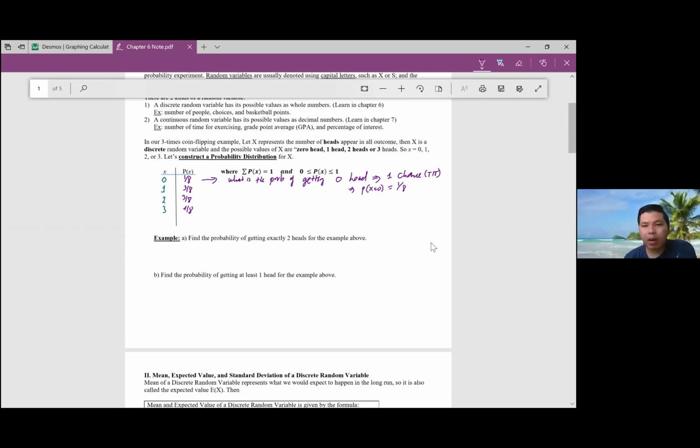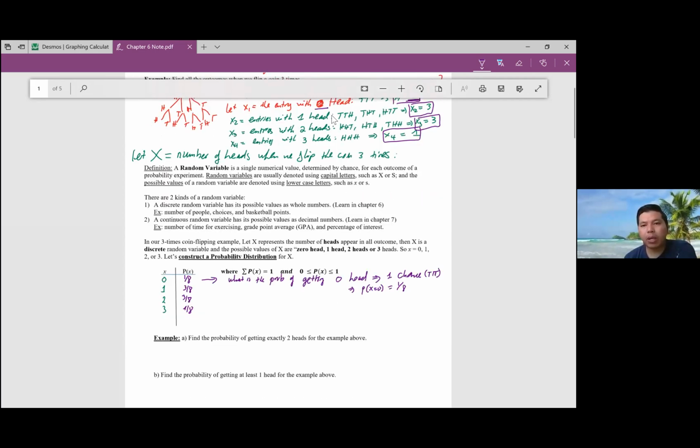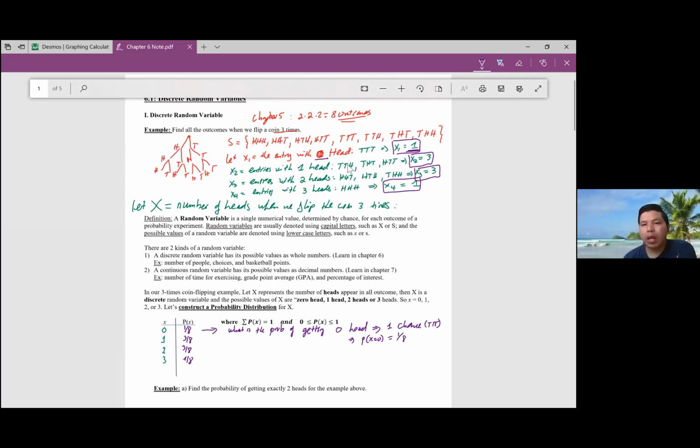We look at the outcome only, right? So remember here we have 8 outcomes, and there's only one outcome where you will not see any head at all, which is tail, tail, tail. And because of that, the probability will be 1 out of 8. Yeah, we just look at that logic, right? There's no formula involved, right?